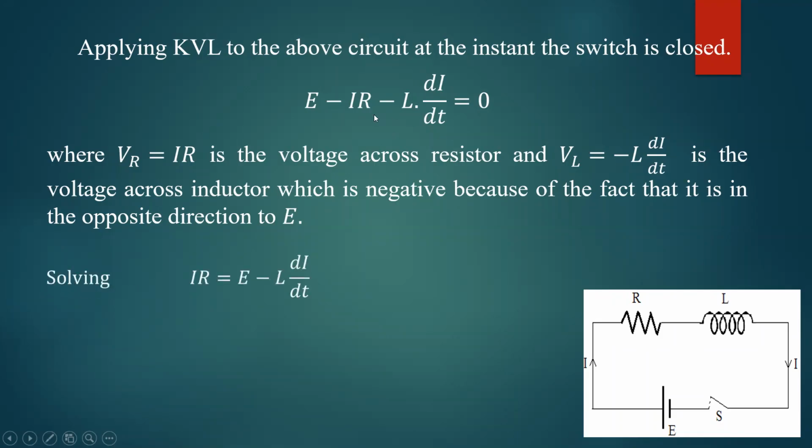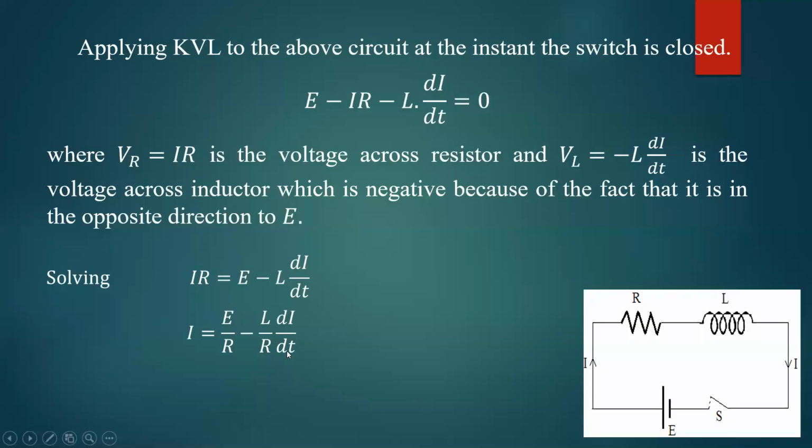Solving, first you have to do the separation of variables. So therefore, you will get IR is equal to E minus L into di by dt. I will take this IR to one side. Therefore, by rearrangement, I equals E by R. So divide this equation throughout by R. You will get I is equal to E by R minus L by R into di by dt.